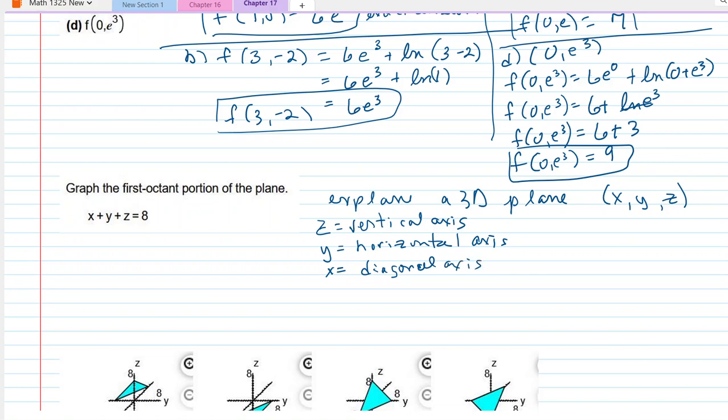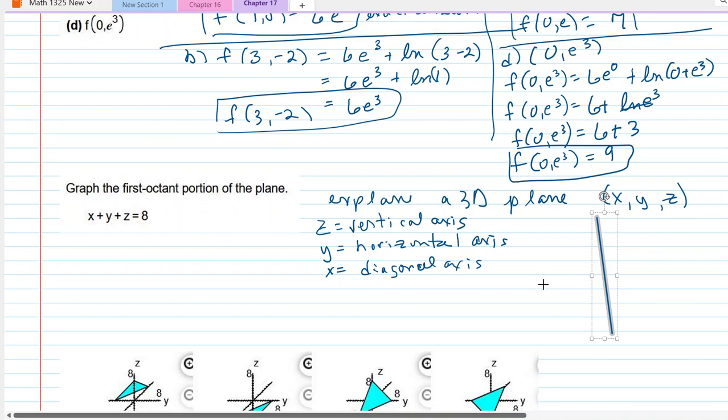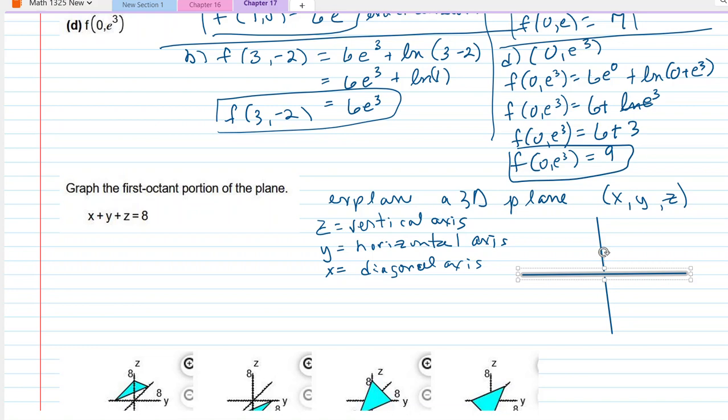All right, so let's talk about that for a little bit. Let me get some kind of straight lines here. Okay, and then I'm going to have another one. And then my last one.